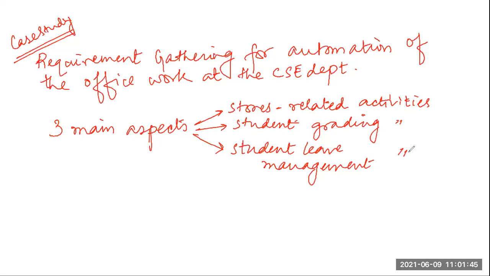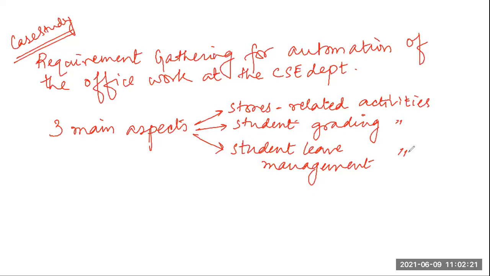For student leave management, the analyst definitely needs to talk with the students also about what they are expecting. They are saying that they want a system that should be transparent. I am attending which classes, so that at the end when I receive my attendance from the department, throughout the month, for which subject I attended and which I did not attend, everything should be visible to me, so that I can see these are my leave dates.